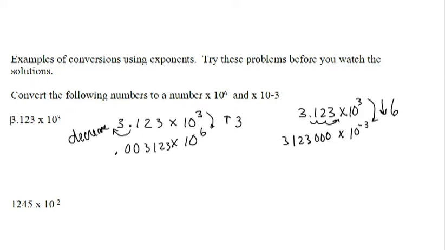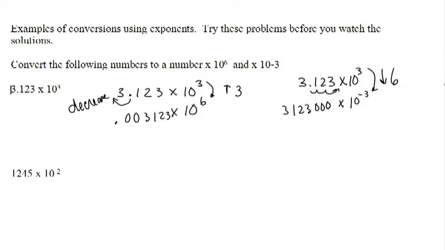Now let's just look at this in a little more detail. If I take the number 3.123 and I want to express it as a regular decimal, it is a number times 10 to the 0. What I can do is, 10 to the 3rd is the same thing as 1,000.